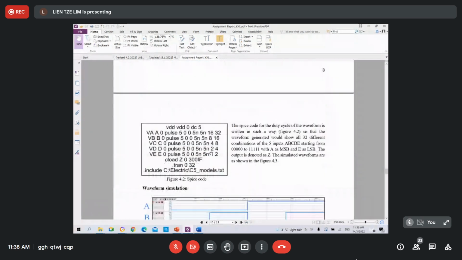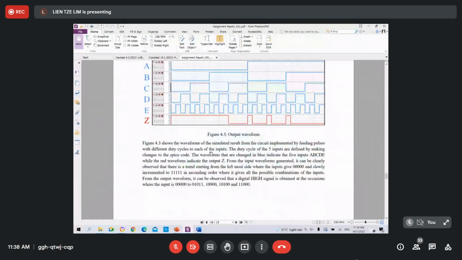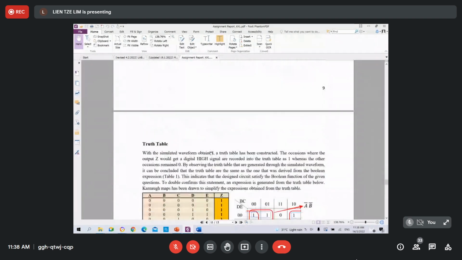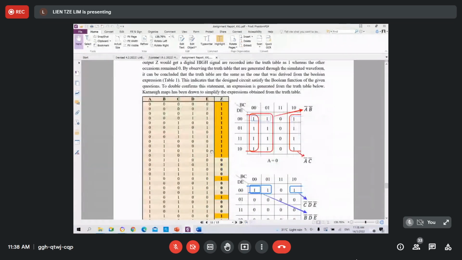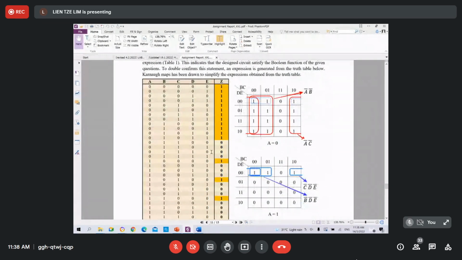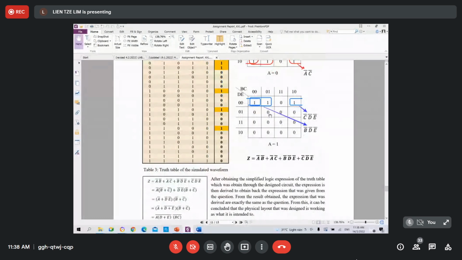This is the spice code, and this is the result. The result again can be discussed together with the truth table and also with this K-map.